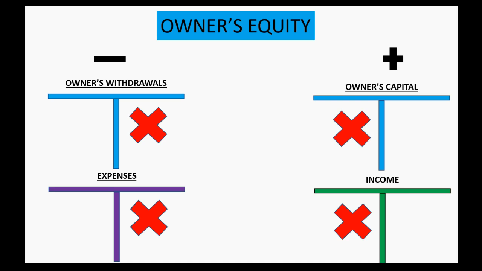That's because expenses always make owner's equity go down, because the person responsible for the expense is the owner. And income always makes owner's equity go up, because if a customer gives money to the business, it's the owner's money that the customer is giving after the sale or after the service. So these four accounts are technically under the category of owner's equity.